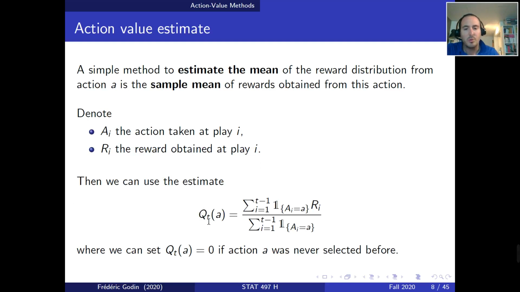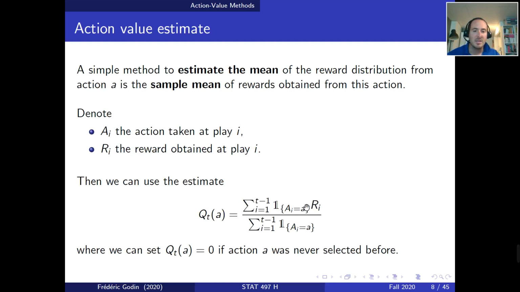Recall that Q_t(a) is the estimate of the expected value, after t minus 1 plays, of rewards from lever a. This can be formed by simply averaging all rewards you've obtained from lever a in the past. Let's say you've done t minus 1 plays, then you sum all rewards here. This is the sum across all the first t minus 1 plays of the rewards.